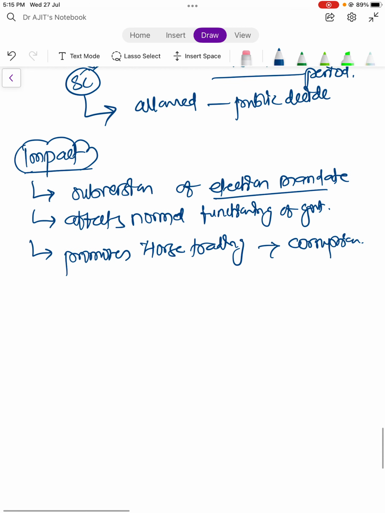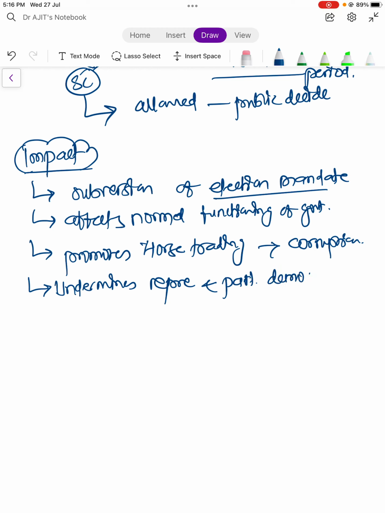That's why the Second ARC has recommended partial funding for elections. Then it undermines representative and parliamentary democracy, as members can't enjoy freedom to vote.